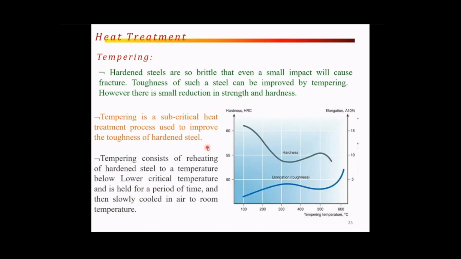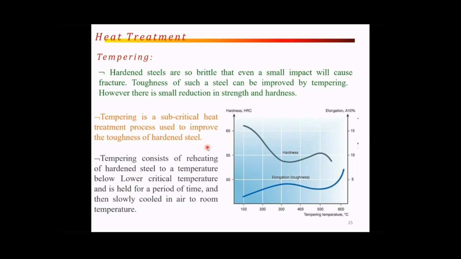Then the last heat treatment process is tempering. Hardened steels are so brittle that even a small impact will cause fracture. So the toughness of such a steel can be improved by tempering. Tempering is a subcritical heat treatment process used to improve the toughness of the hardened steel, done after hardening.